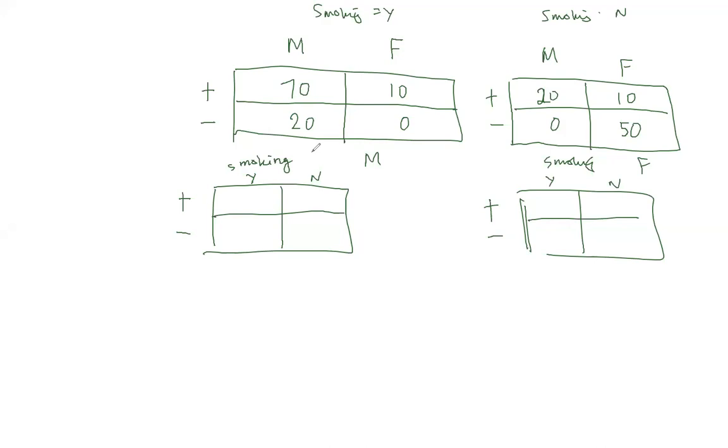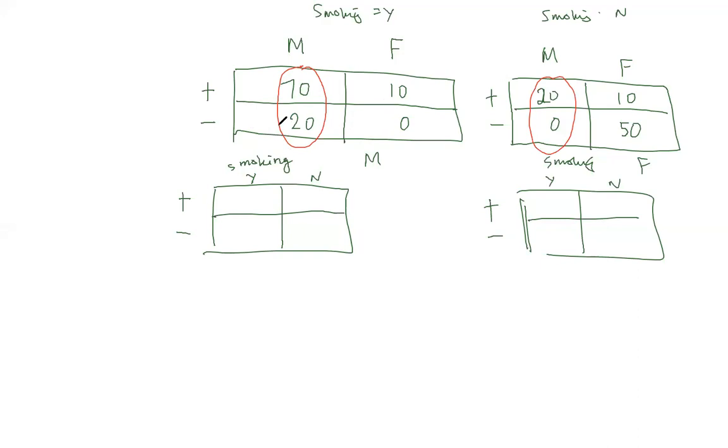Let's see, if you split by smoking, how do you complete this table? Males who are smoking, they are actually 30, right? And males who are not smoking, they are 20, right?